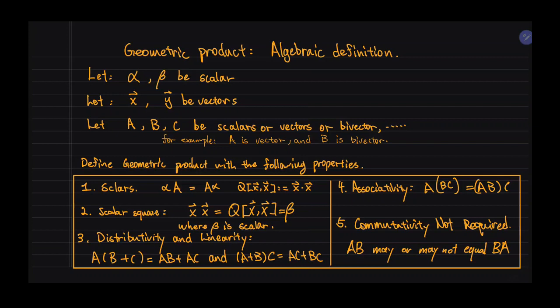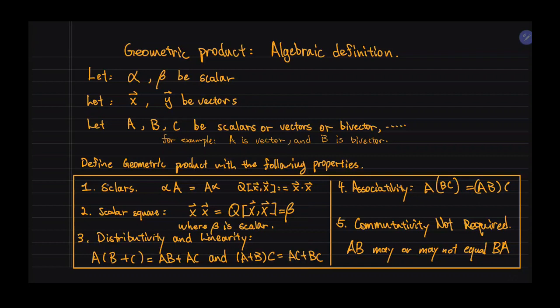So now we go into the definition of the geometric product. We define the geometric product with the following properties, and we will have 5 different properties. These properties are defined in such a way that we cannot derive them from one another.